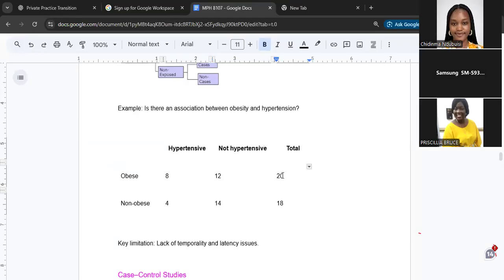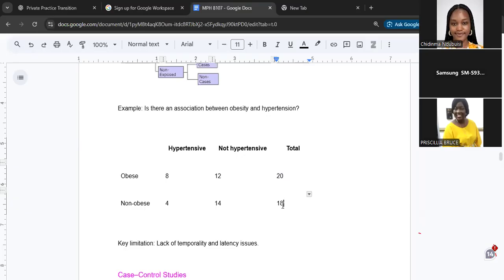So we've collected our data. Out of these 20 people that are obese, 8 have hypertension and 12 are not hypertensive. Out of the non-obese, 4 are hypertensive, 14 are not hypertensive. That's for the 18 that are non-obese.